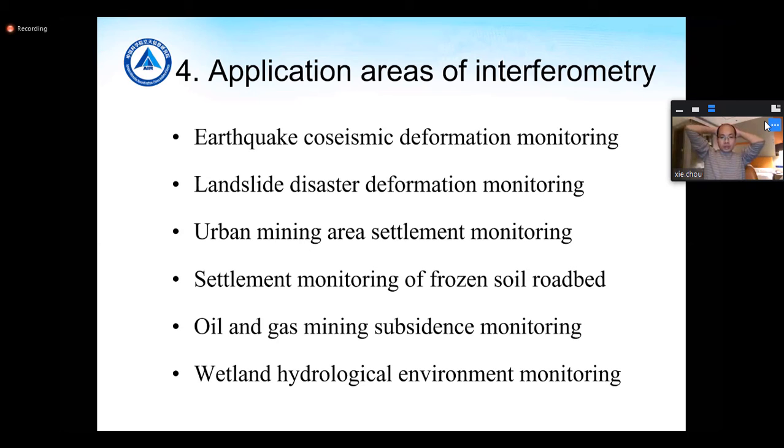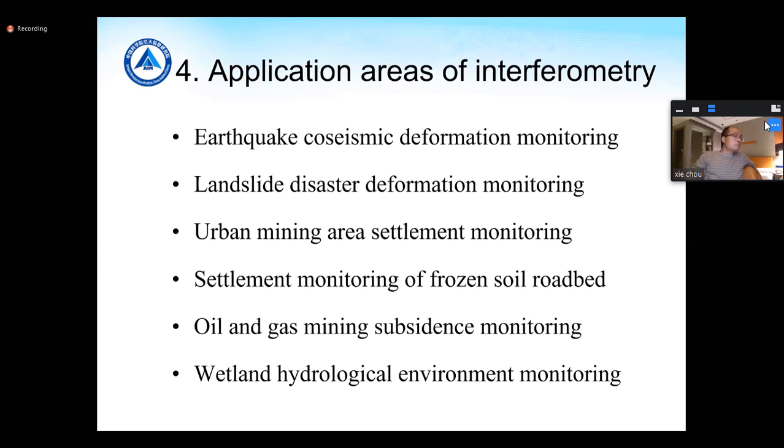In urban areas, it can be used to detect subsidence. In China, it is also used to monitor frozen soil road banks. And oil and gas field subsidence can also be monitored.